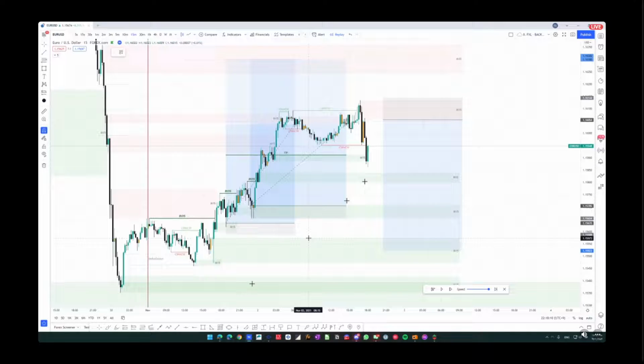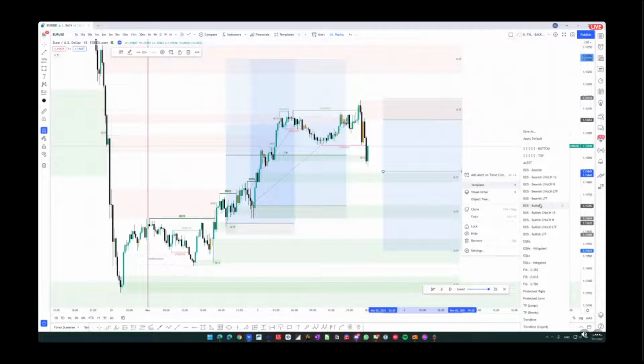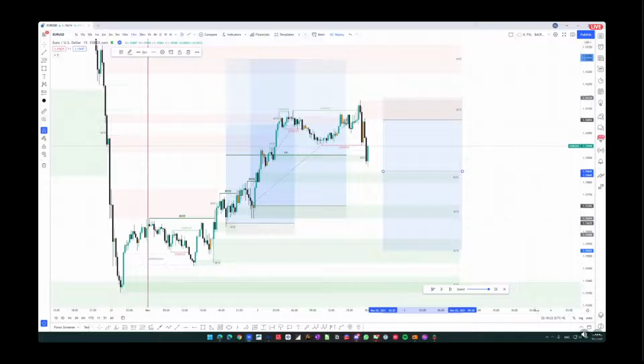For this one, I don't know if this is the clear trend now, even though my bias is to the downside. At this point, I'm not sure if it's going to go higher or not.